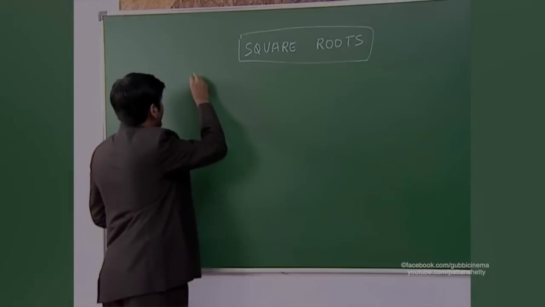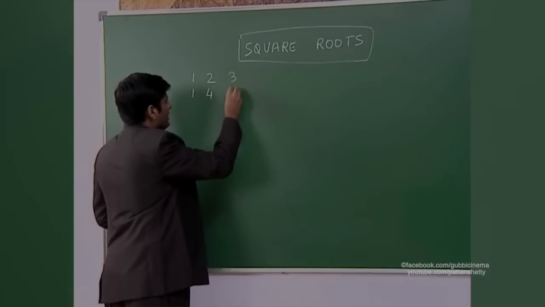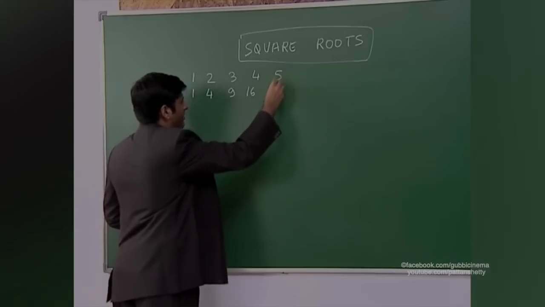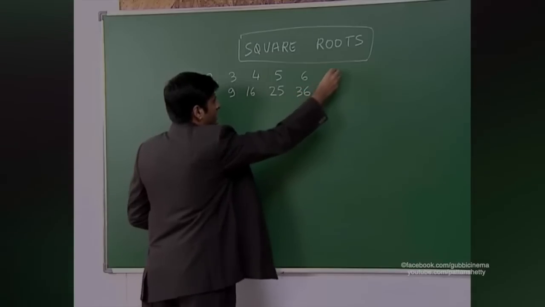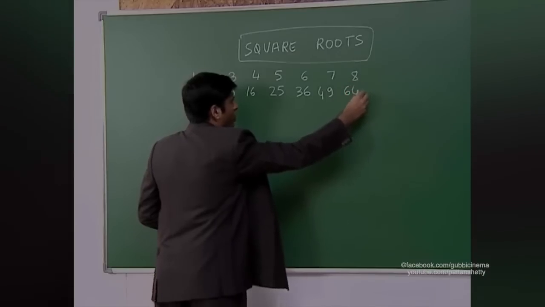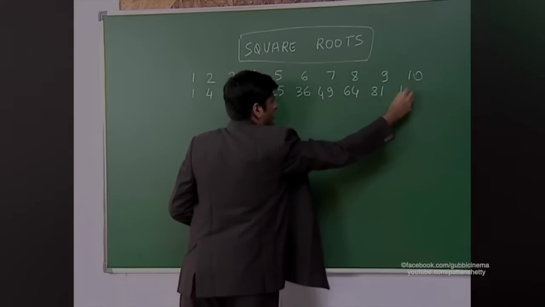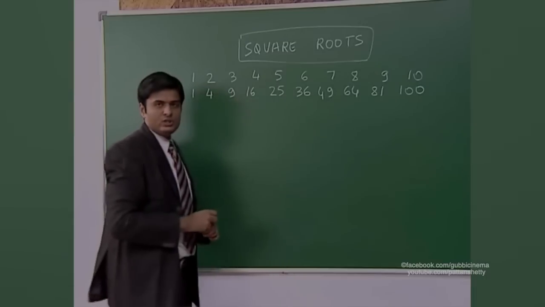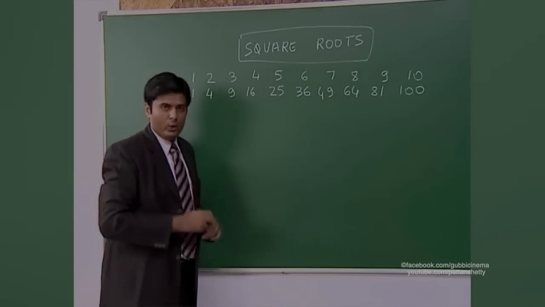So, square of 1 is 1, 2 is 4, 3 is 9, 4 is 16, 5 is 25, 6 is 36, 7 is 49, 8 is 64, 9 is 81 and 10 is 100. So we have taken numbers from 1 to 10 and we have written the square of each number below it.